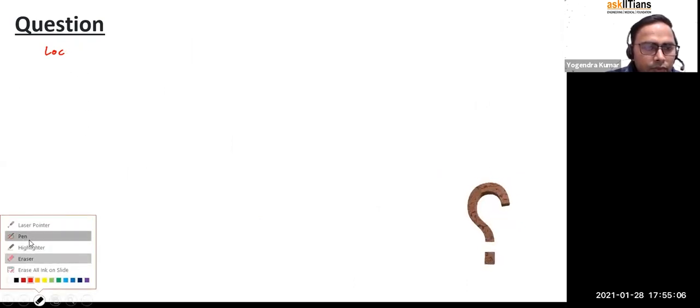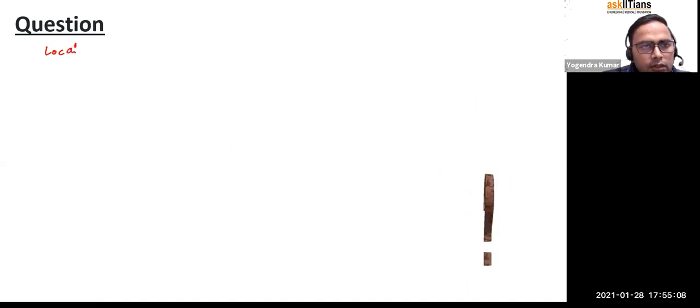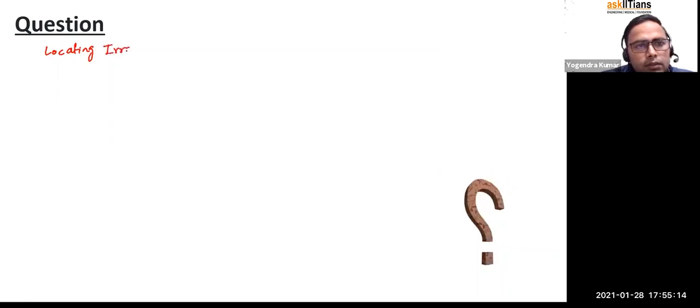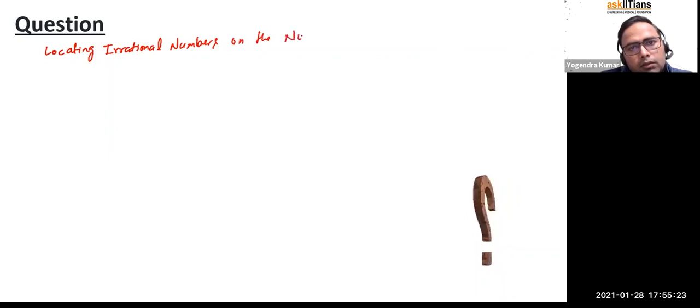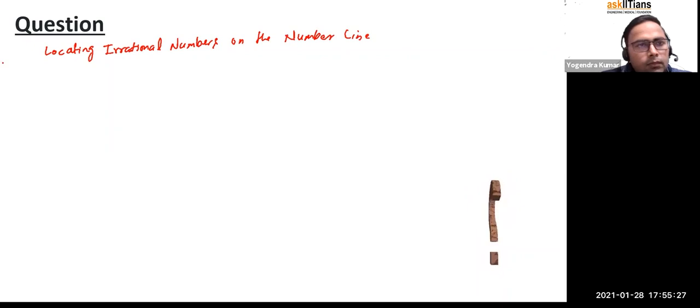That is what I want to cover in this chapter, locating irrational numbers on the number line. This is what we want to see here.